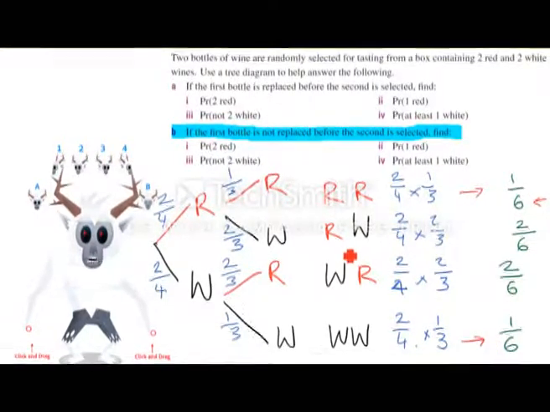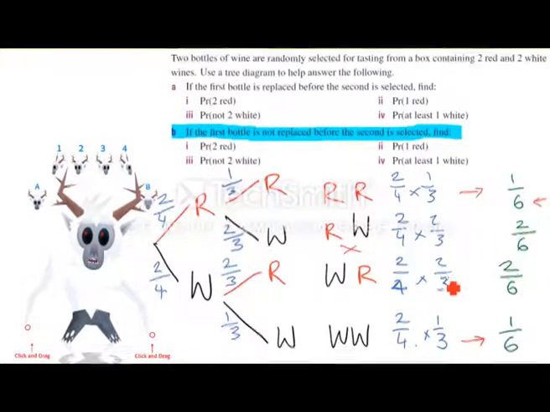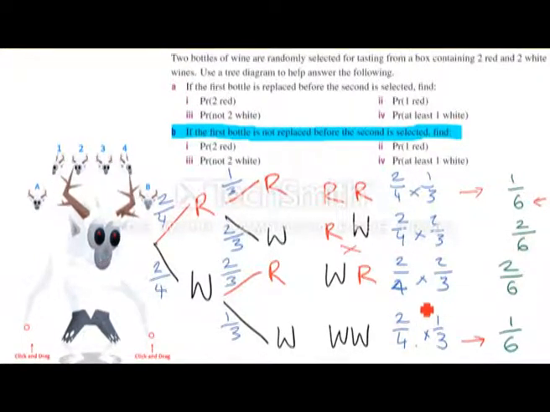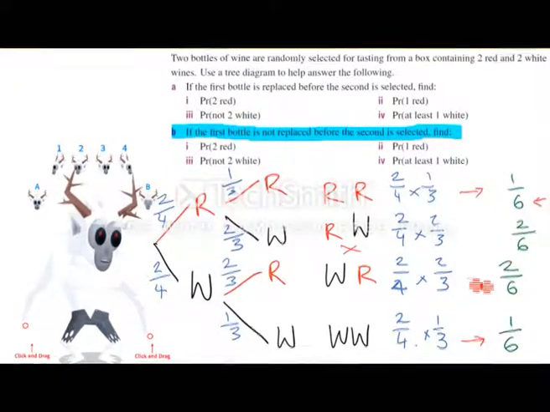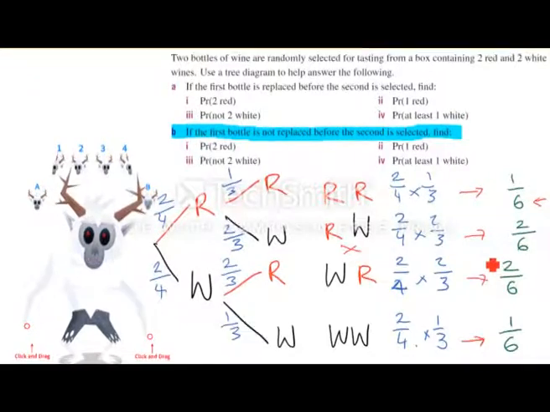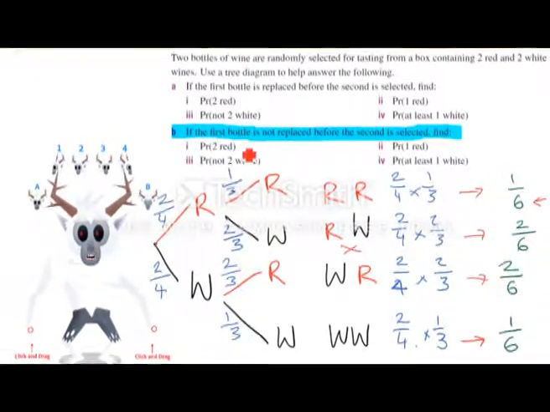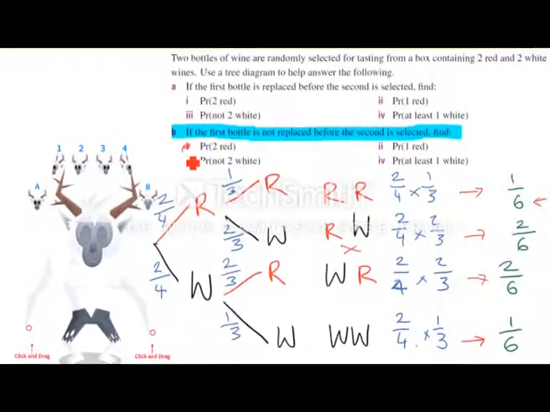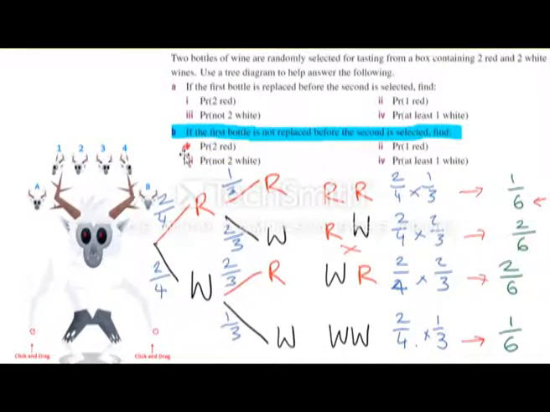And to get multicolored, there's 4 chances of that happening, because we could get a red first, then a white, which is 2 chances, and a white and then a red, which is 2 chances. So the probability of getting each is 2 over 6, 2 over 6. To get a mixture, there's a 4 over 6 chance of that happening. Now we're going to answer the questions based around those scenarios.